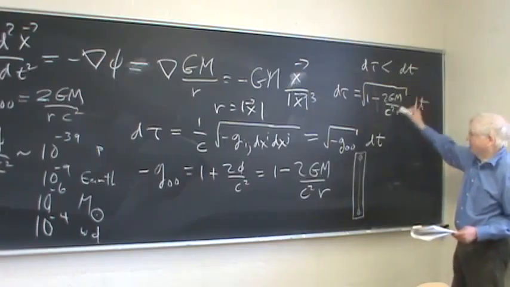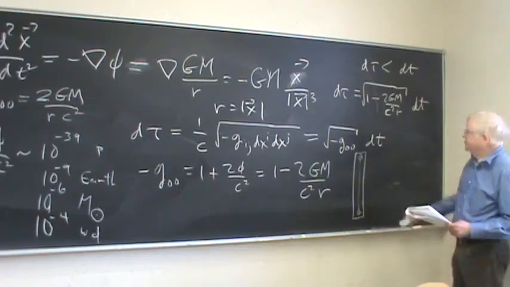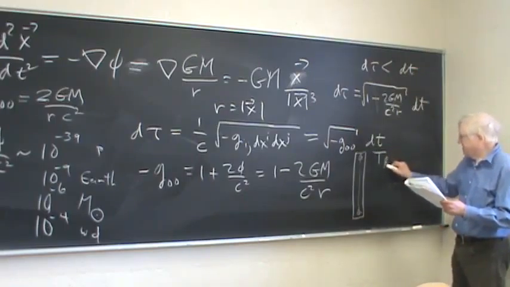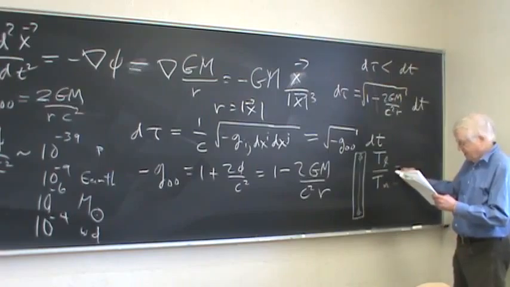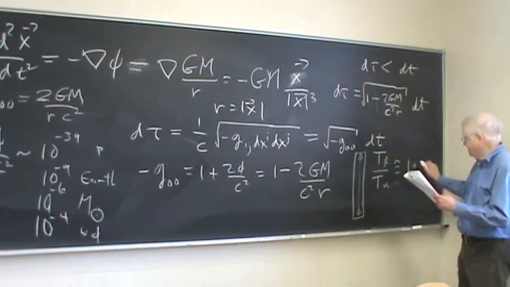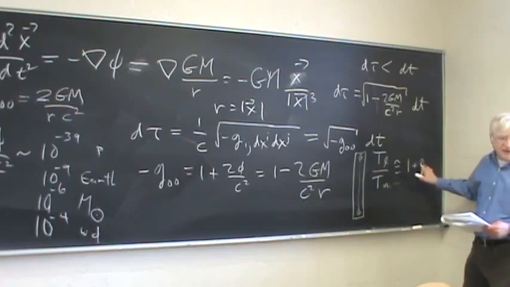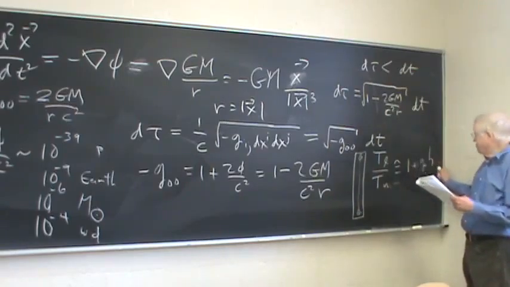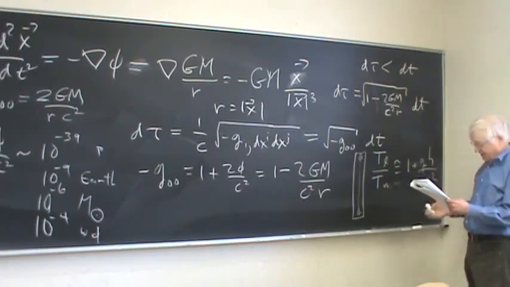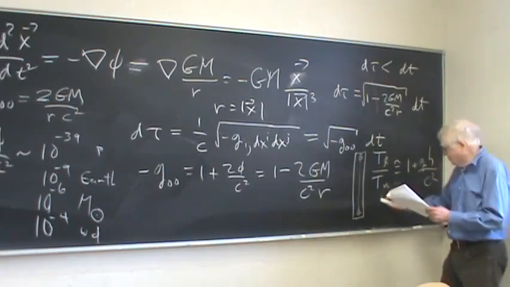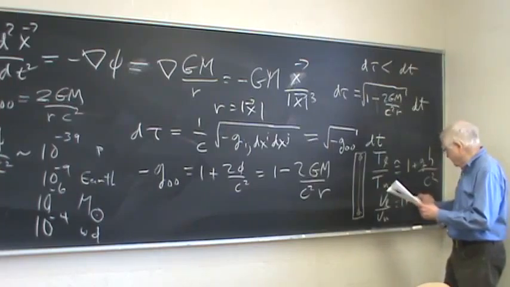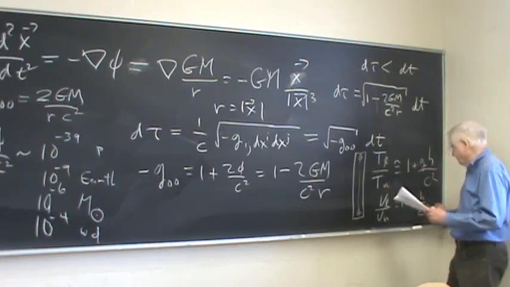If you apply this formula to the case of 2 clocks in a high tower, what you find is that T lower over T upper is approximately 1 plus the local acceleration of gravity, our favorite 32 feet per second squared, times h over c squared. And that's what they actually verified. They were doing frequency measurements, and nu lower over nu upper was 1 plus gh over c squared.